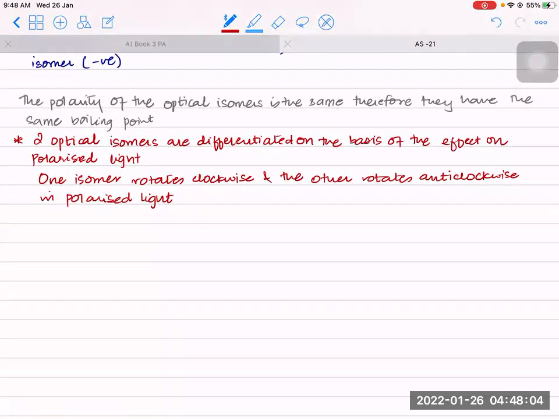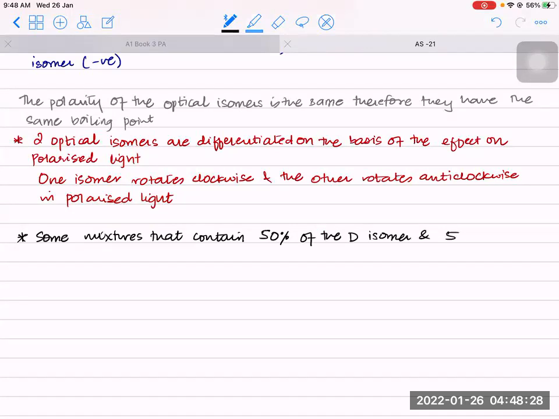Now, there are certain mixtures which consist of 50% of the D isomer and 50% of the L isomer. So there are some mixtures that contain 50% of the D isomer and 50% of the L isomer.